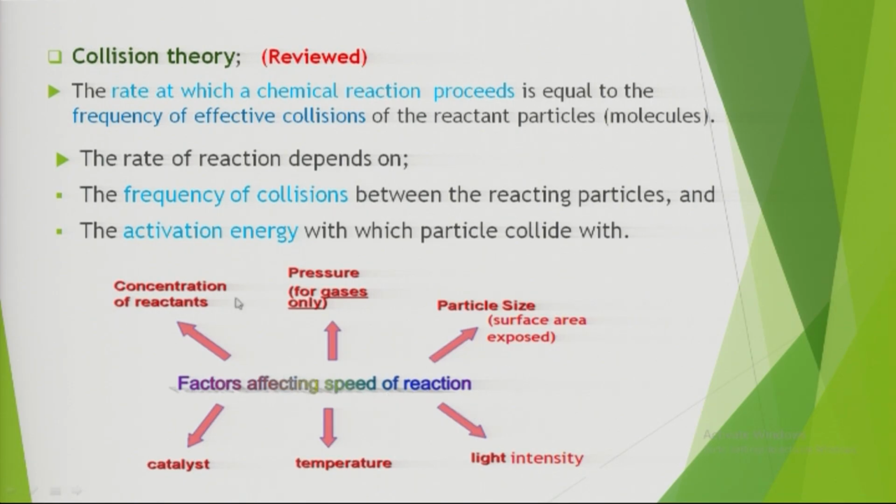Then we only looked at concentration and said when you increase the concentration of the reacting particles, you reduce the distance between them, and so the end product is there will be high collisions, and with the high probability of colliding with each other, then high probability of having effective collisions, and so the reaction rate will increase. And that is for concentration as we looked at. So that is it, basing on what we looked at. And I left you with the exercise, which I believe you attempted. We shall come back on that later on.